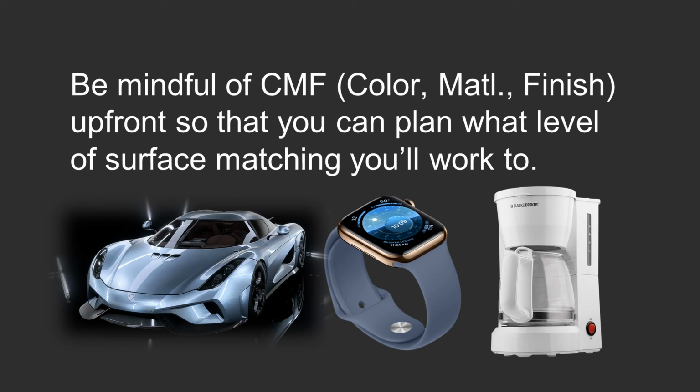Why that's important is that when we execute models, whether they be tangent or C2 or C3, certain products will really highlight or show off that difference. Three very simple examples here are automobiles.